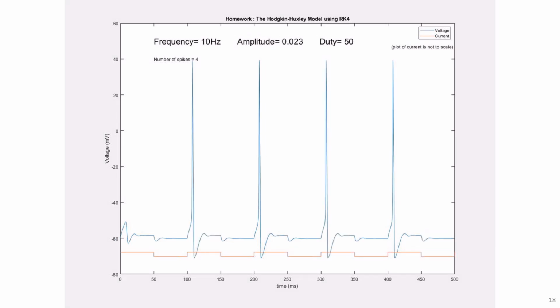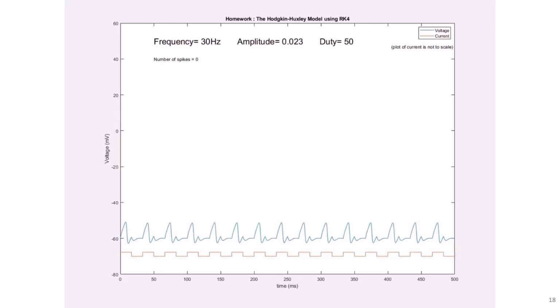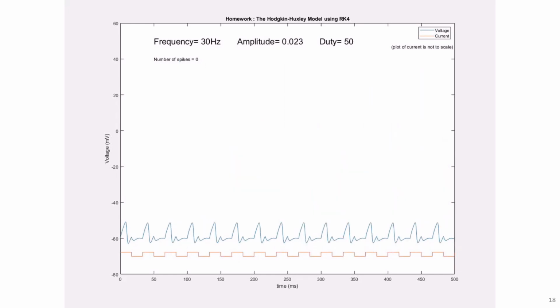So here we go. As we increase the frequency, we have more and more spikes corresponding to the frequencies. But you notice, till 25 hertz, we see one spike per pulse. As we go to 30 hertz, we miss the threshold by just a little bit, so we don't see any spikes.